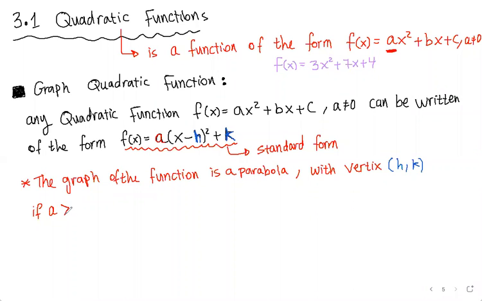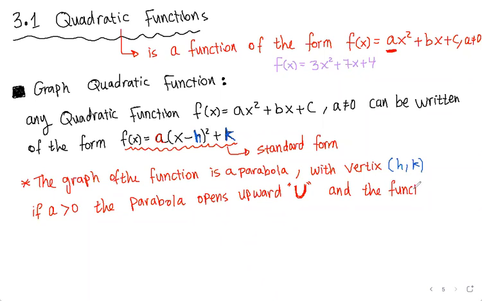If a is a positive number, the parabola opens upward, like a U, and the function has a minimum value.